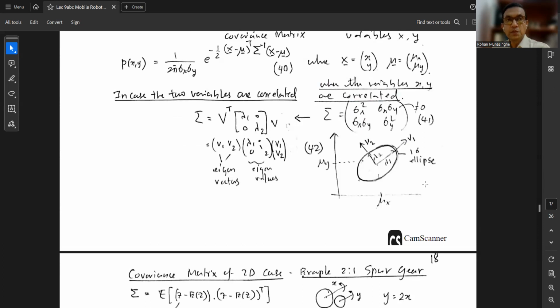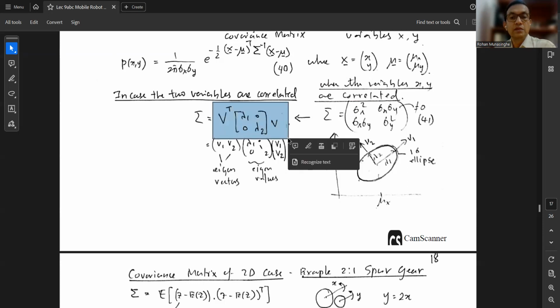So how do we deal with that situation when the variables are correlated? Well, a matrix like this, this is a symmetric matrix, you can see. The off diagonal elements, sigma x sigma y, are equal. This matrix can be written in this format. So what is that format?